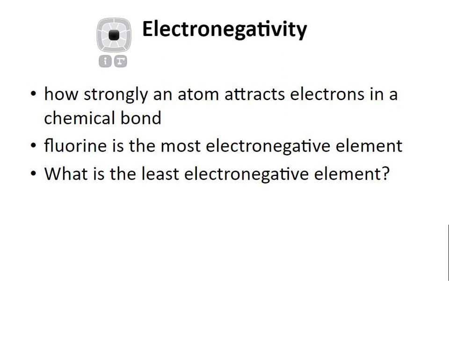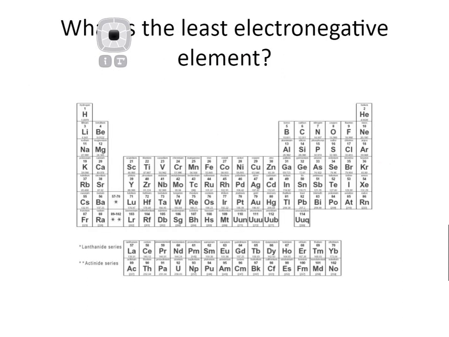Okay. Then you've got, which one did we say was the most electronegative? Awesome. So that one's my most electronegative. It pulls electrons the most in a chemical bond. What are we thinking is going to be the least electronegative?